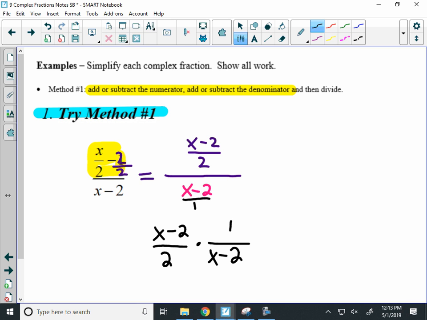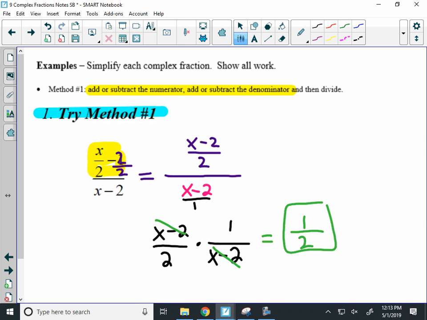And what's the really nice thing that happens here if we're multiplying? The x minus 2's are going to cancel. Cancel, cancel. What are you left with? 1 over 2. So that whole fraction mess to start with is equal to 1/2. So that's method one, and that was actually a pretty nice problem for method number one.